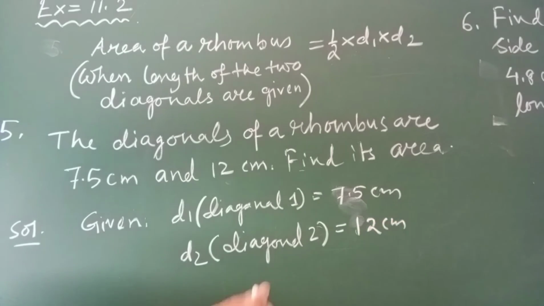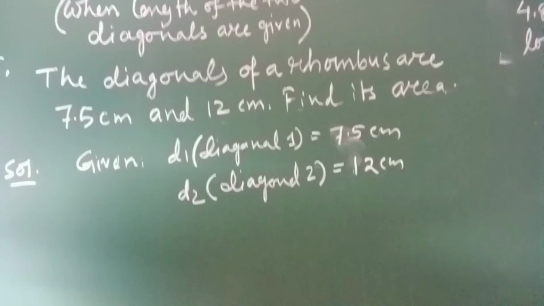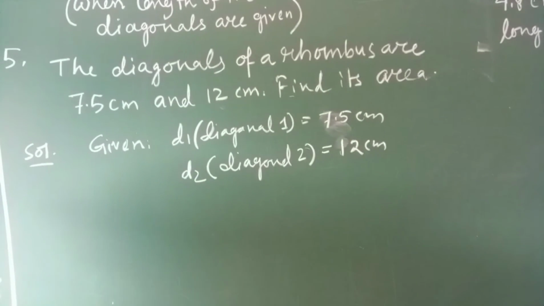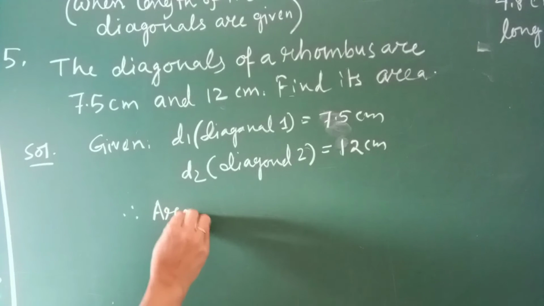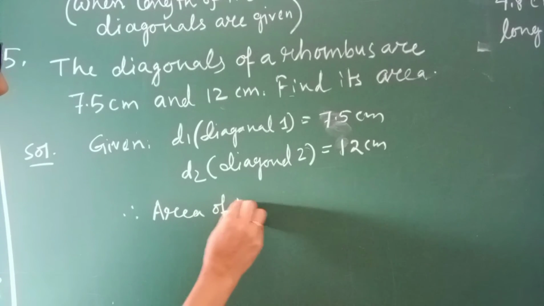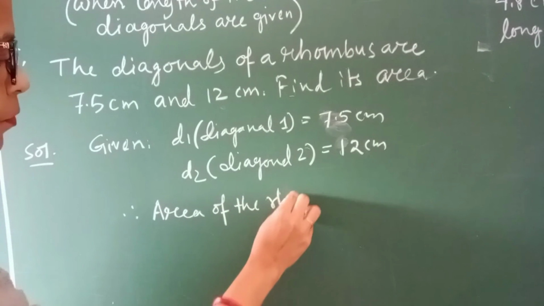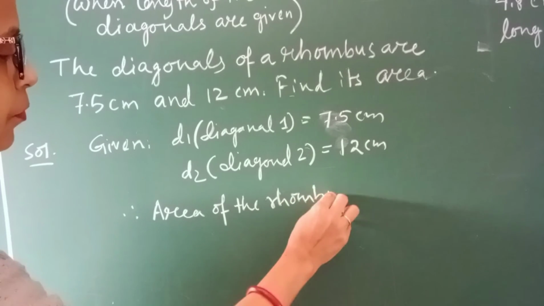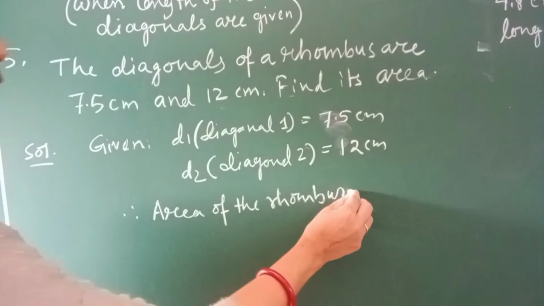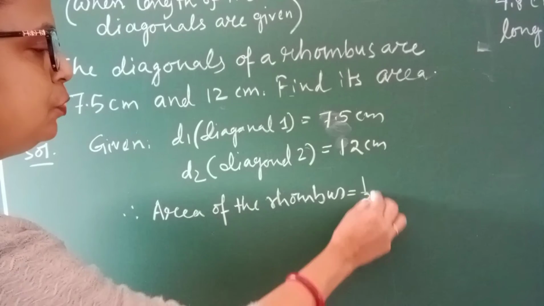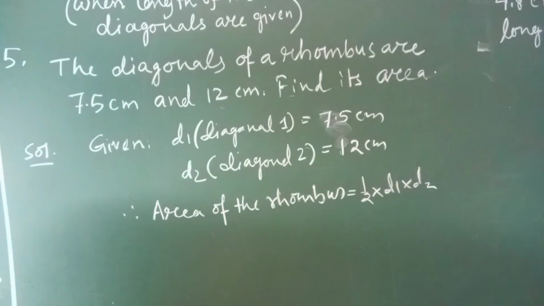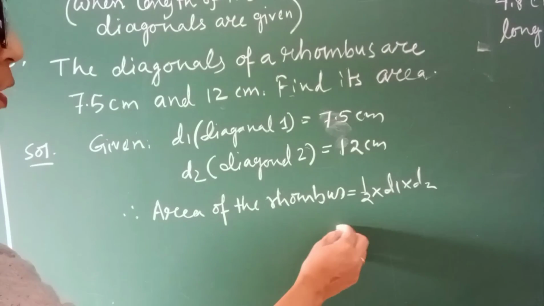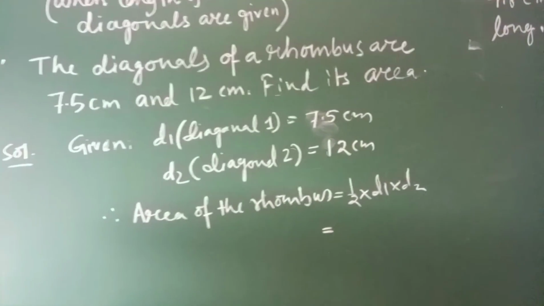So you have to find the area of this rhombus. Using the formula, therefore area of the rhombus equal to half into d1 into d2. Using this diagonal formula, you can find the area of this rhombus shaped figure.